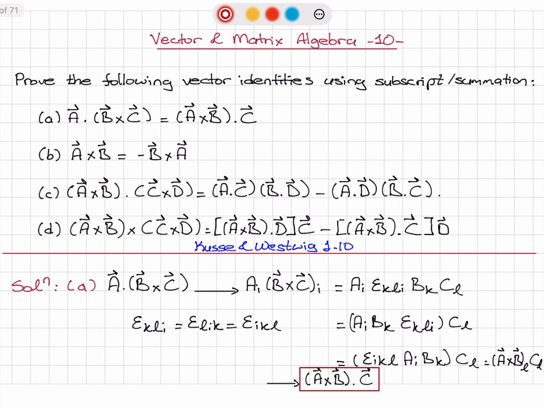Let's go back. A dot C, B dot D minus A dot D, B dot C.